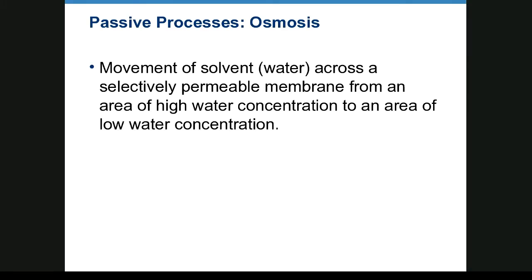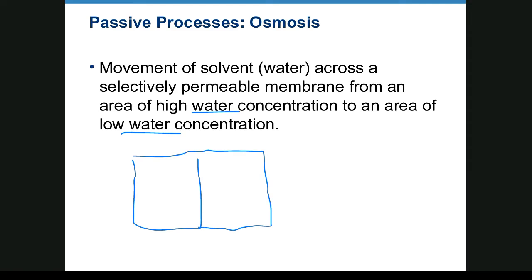Now, osmosis is the movement of water across a selectively permeable membrane from an area of high water concentration, that's water concentration, to an area of low water concentration. So, as you have a cell here, and this is outside the cell.